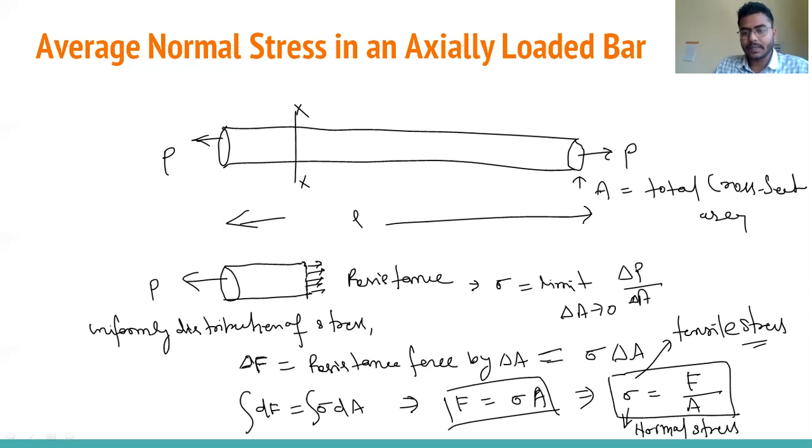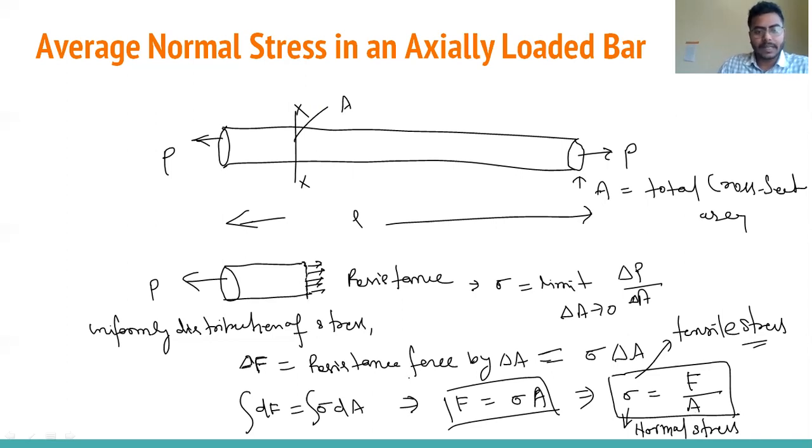Where sigma is the normal stress induced inside this body, on the cross section of this length. F is the total resistance on this cross section, and A is the area.